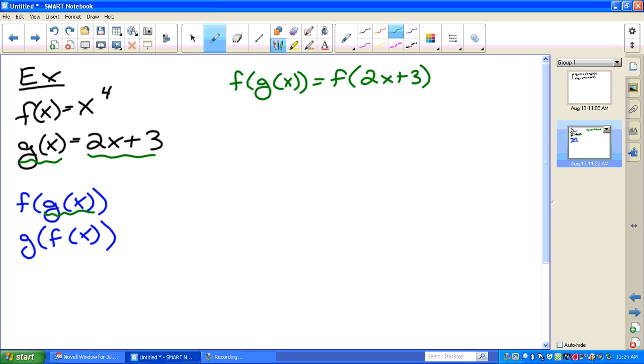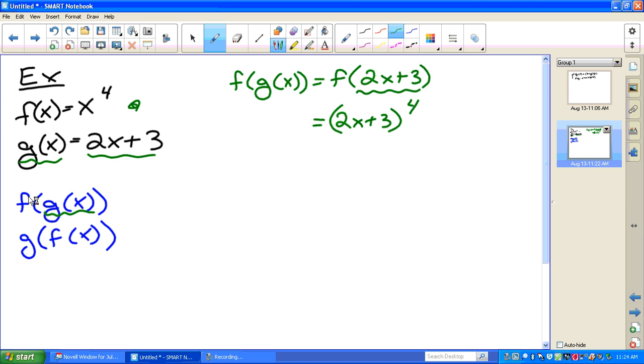Now, this 2x plus 3 we treat as if this is the independent variable in my f equation. So now I go back up to my f, and it says x to the fourth. So this 2x plus 3 is now going to go in place of x. So therefore, when I perform my f function onto it, it's 2x plus 3, because that's my new x value, to the fourth. And then I can go out and expand that.